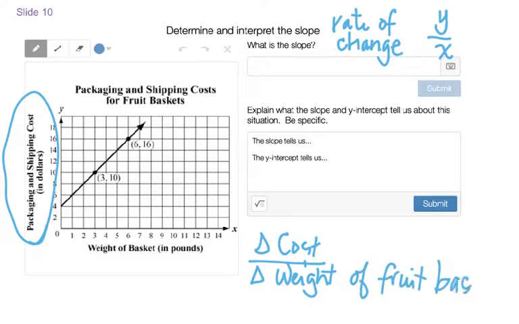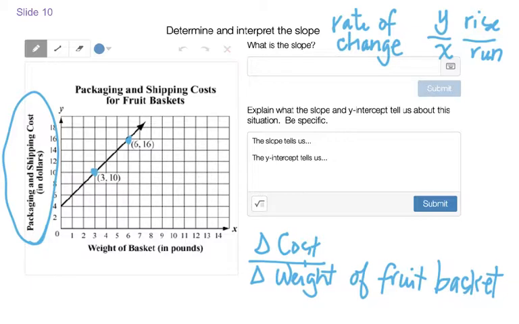All right, so now that we've got that, I want you to remember that when we talked about slope in class, I said the easiest way to think about this is the rise over the run. How much is the y changing over the x? So let's look at our 2 points on the graph. We're given that the first point is (3, 10), and the second point is (6, 16).